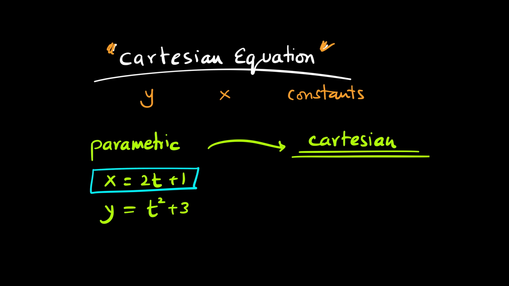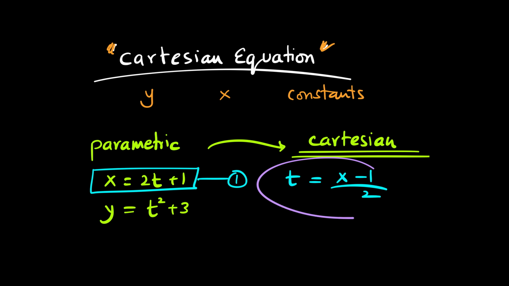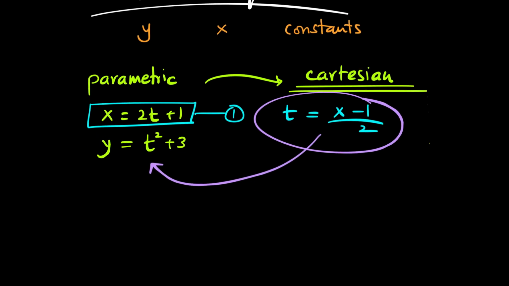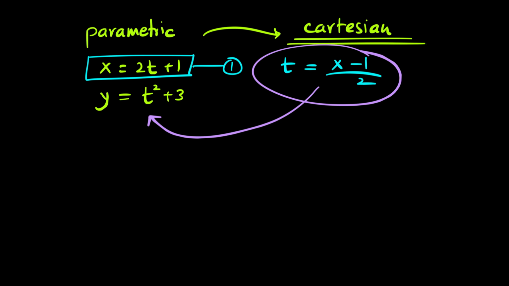From the first equation, x in terms of t, if I make t the subject, what do I get? This is x minus 1 divided by 2. If I plug this value of t into the other equation, what do I now have? I have y equals t squared plus 3, but t is x minus 1 over 2, the whole thing squared.